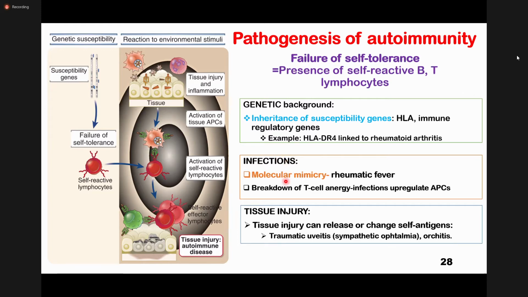Here I gave an example about molecular mimicry in rheumatic fever, where the infection will mimic self-antigens because of some sequence, and it will tease our cells to produce antibodies. The other one is the breakdown of T cell anergy: infection upregulates the APC, and then there is tissue injury over time.